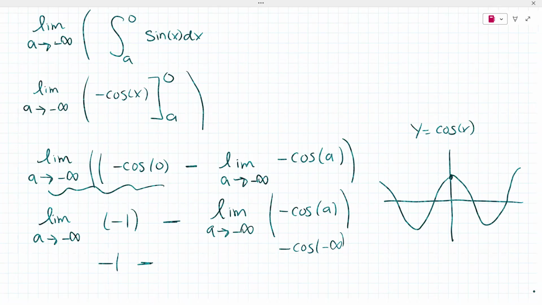So this is what the y equals cosine of x graph looks like. And what does a y equals negative cosine x graph look like? It's just flipped, so it would look something like this. Instead of a max, you have a minimum, right here.